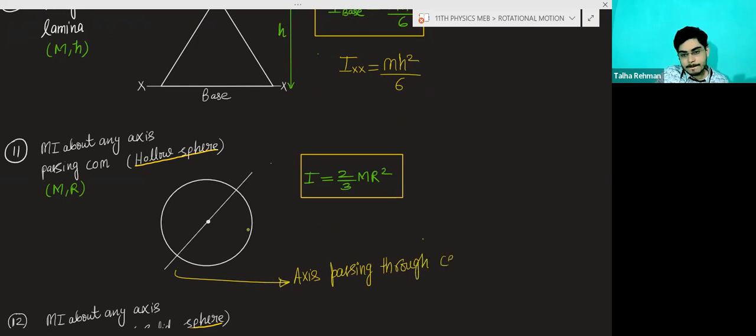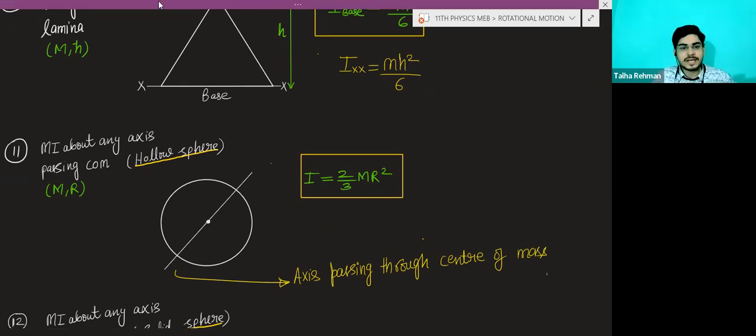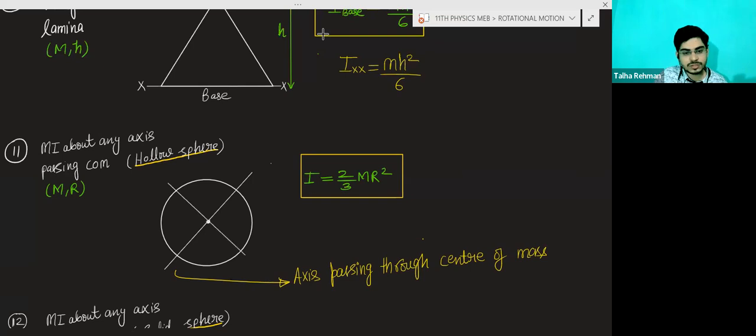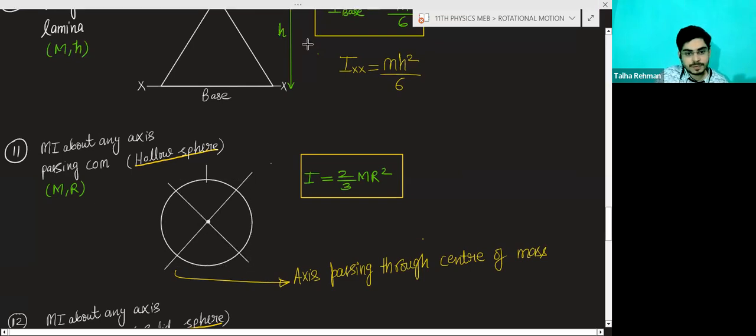There can be an infinite number of axes that can pass through the center of mass. I can take one more axis that is passing through the center of mass. This axis is also passing through the center of mass.